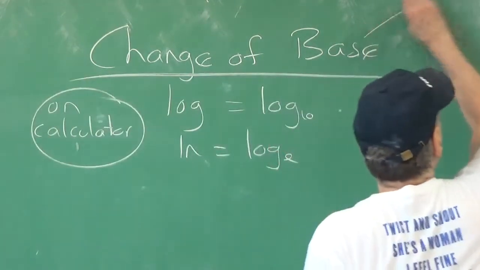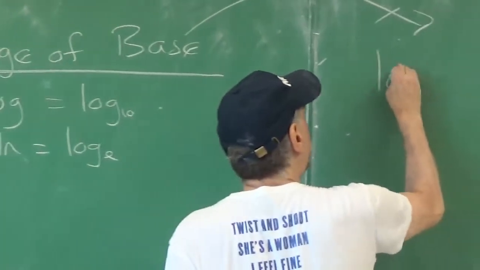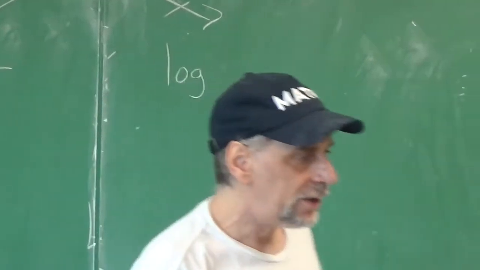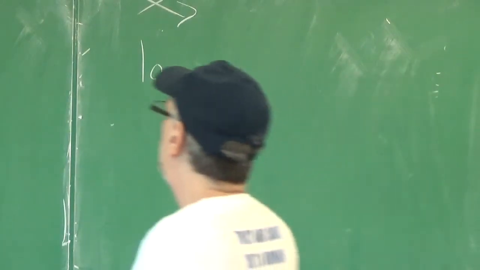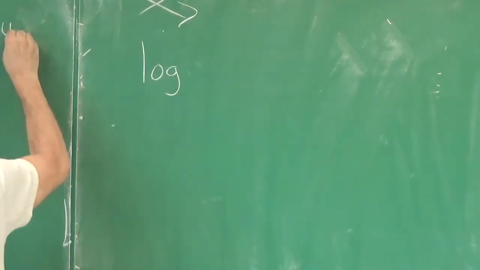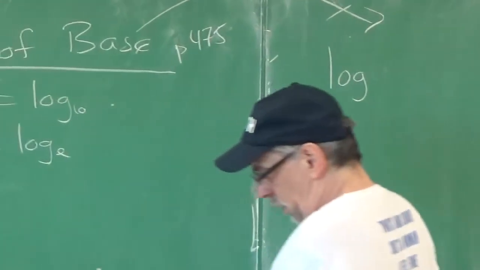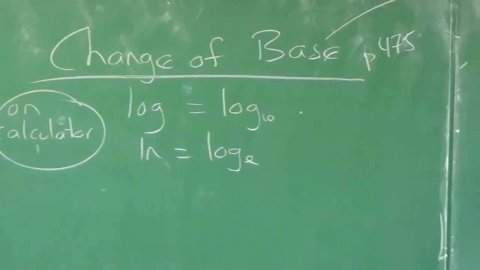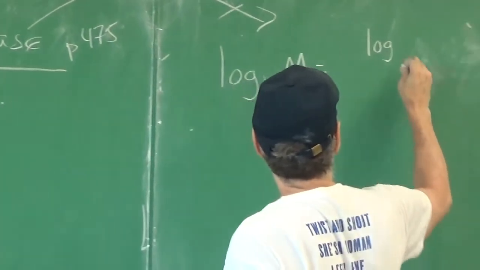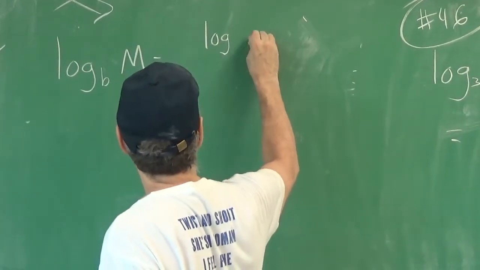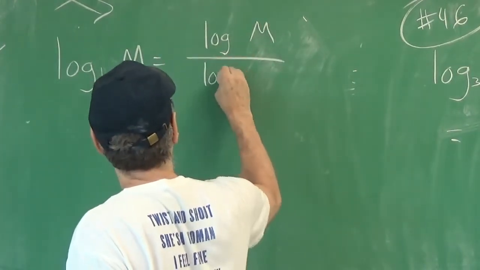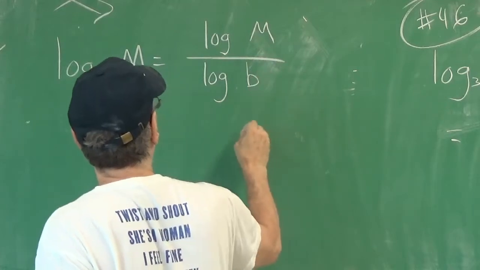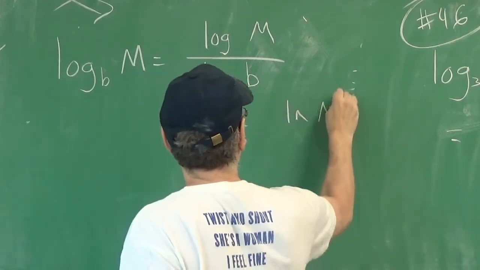So the change of base formula says, if I have a logarithm, I'll use the same letters as the book here so I don't confuse you, and this is on page 475, it says the logarithm base b of m is going to be logarithm base 10 of m over logarithm base 10 of the base, or natural log.